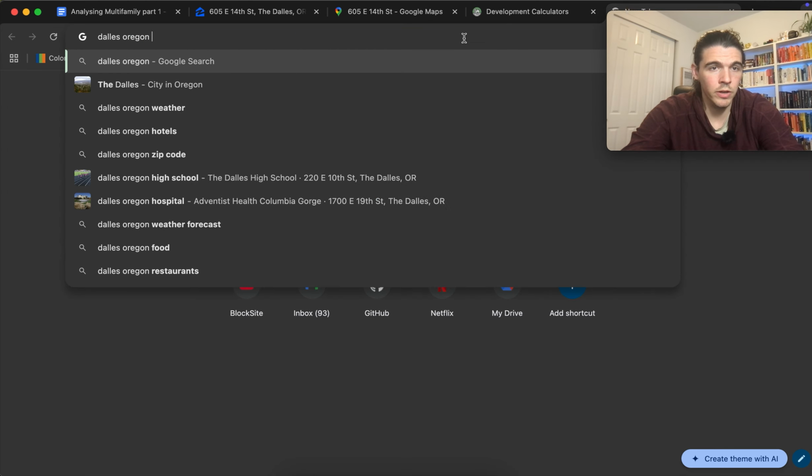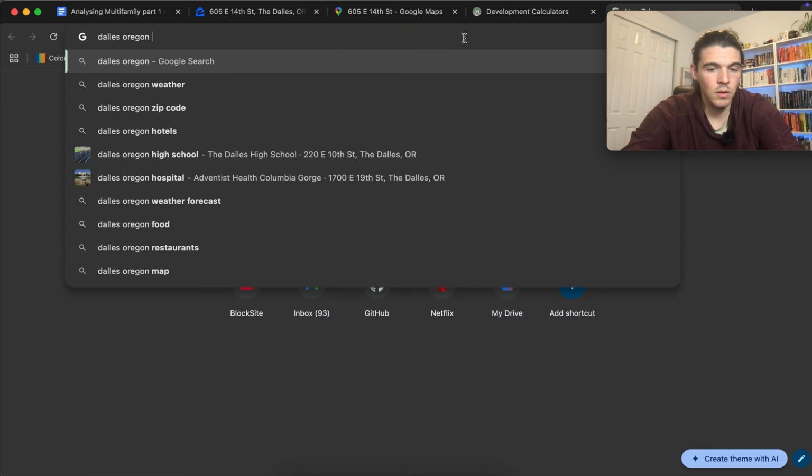Dalles, Oregon, GIS. Let's take a look and see if Dalles has a GIS system. What is GIS? Web map. I'm just going to copy this address here. Find the address. Here's the address.